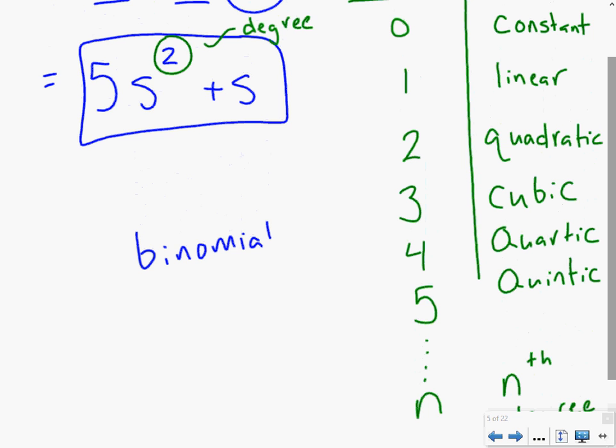So that means this is a quadratic binomial. It's just a little more specific. Adding some detail makes it easier to talk about what kind of polynomial we have. We have a quadratic binomial.